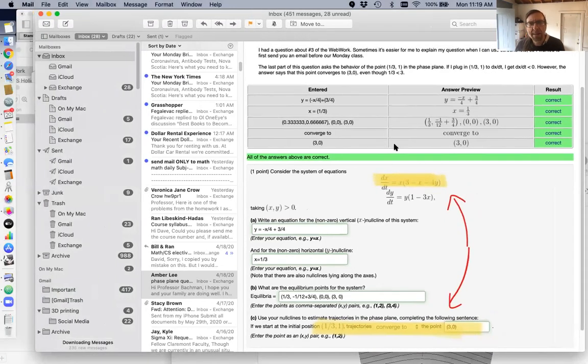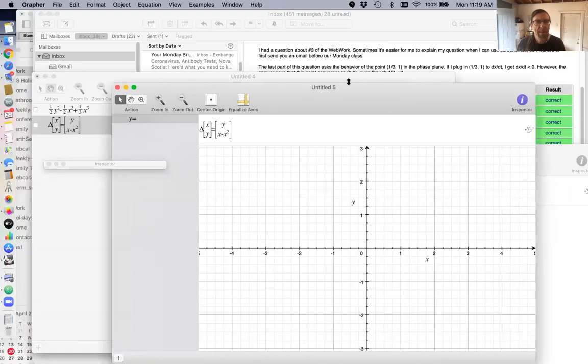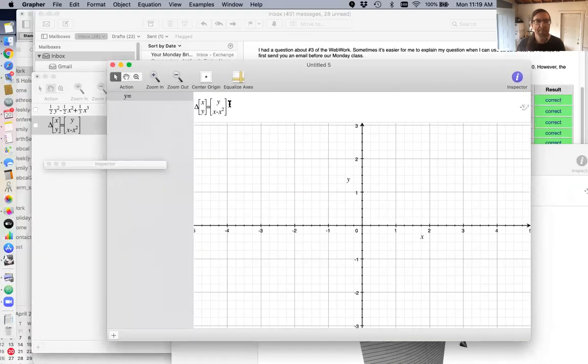And we've got x times 3 minus x minus 4y. So I'm just going to type that into this graphing program and check it out. x times 3 minus x minus 4y, and y times 1 minus 3x.